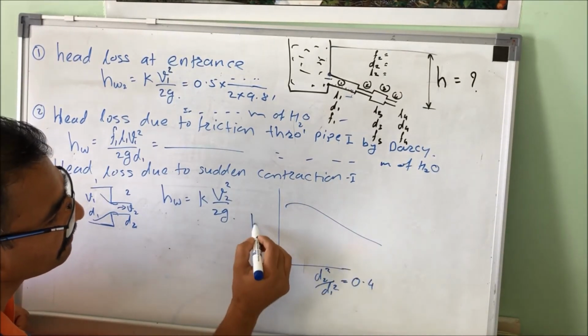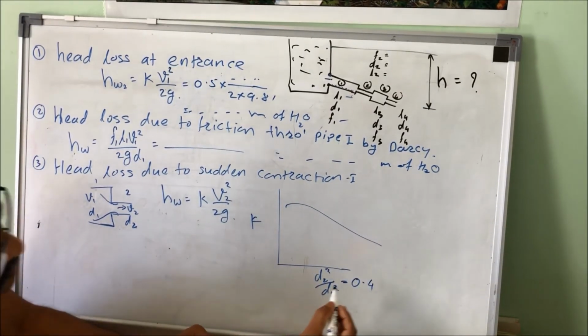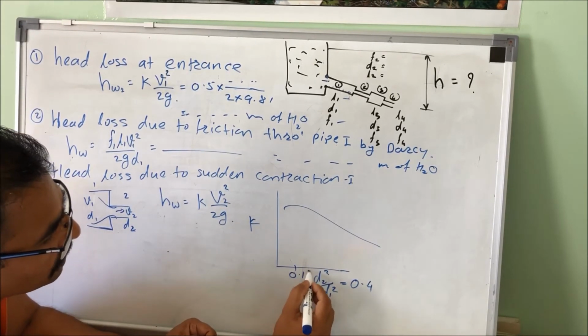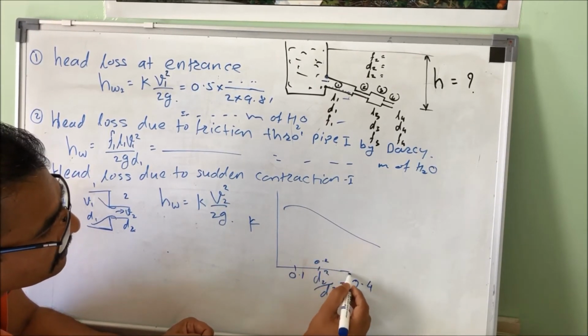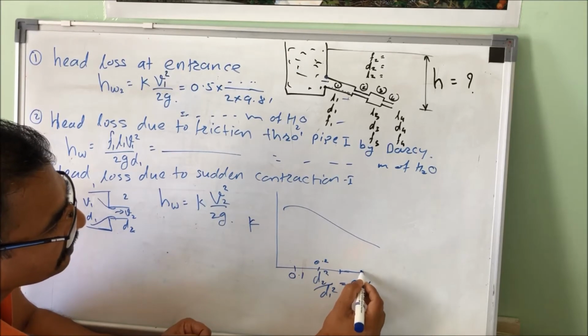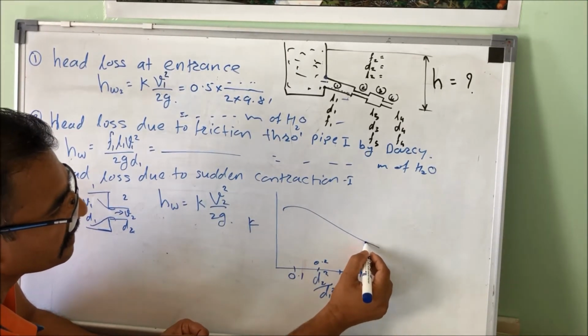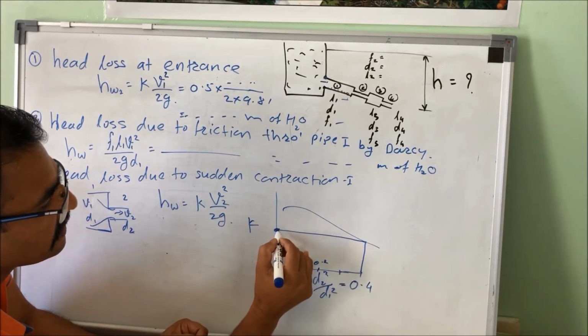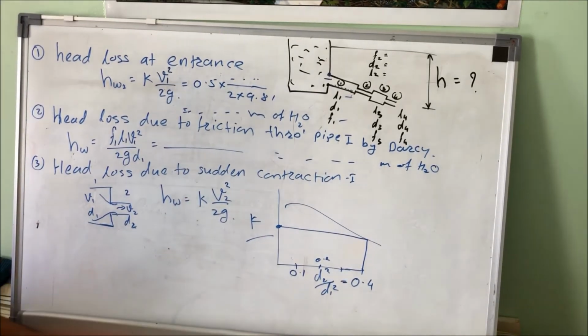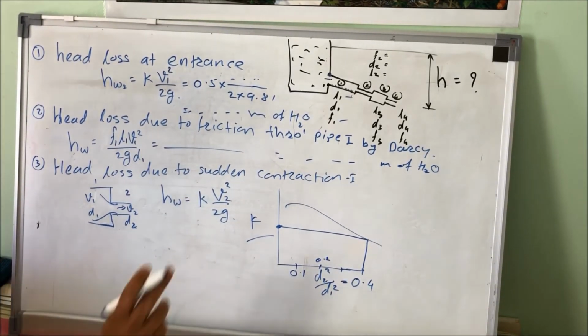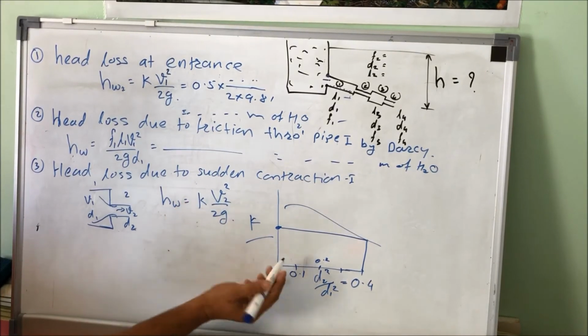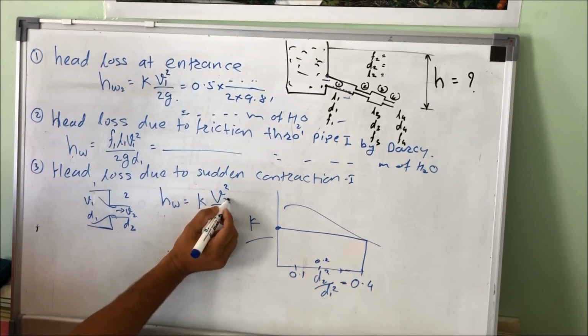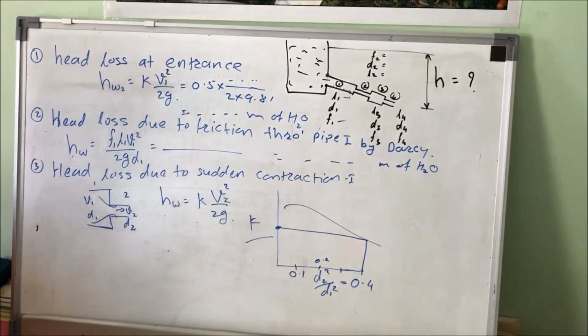And there is a curve for the K factor. So at 0.1, 0.2, 0.3 or 0.4 here, go up vertically, and go horizontally, and you will get the number, whatever it is from the graph. So that is how to find K. Now you know K, put in the value of V2, and you will get HW.